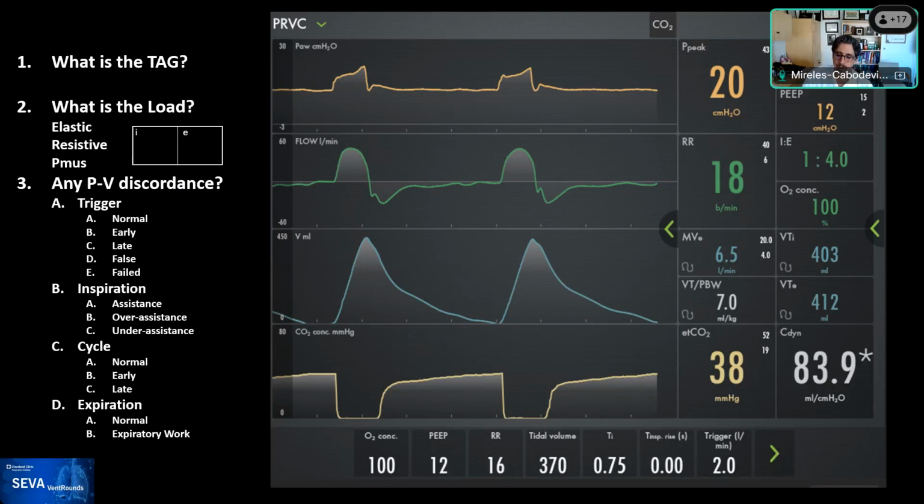All right. So we're going to get started with this case. And so in our usual fashion, the first thing is, what is the tag? And so I'm waiting for the chat to see.